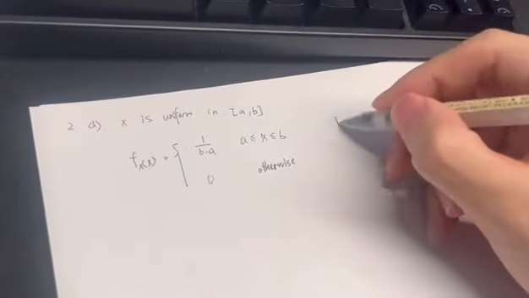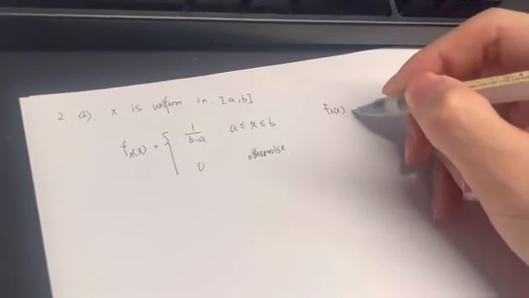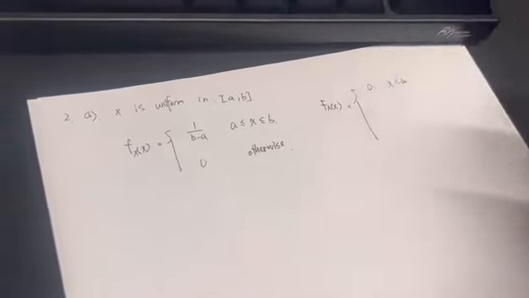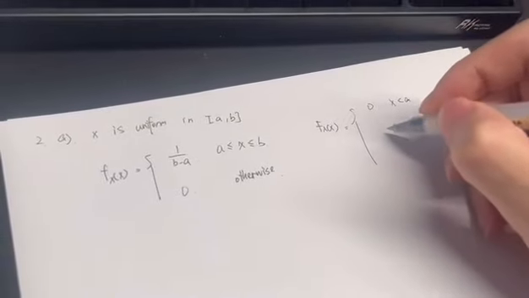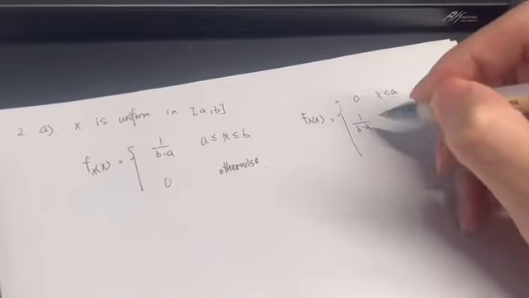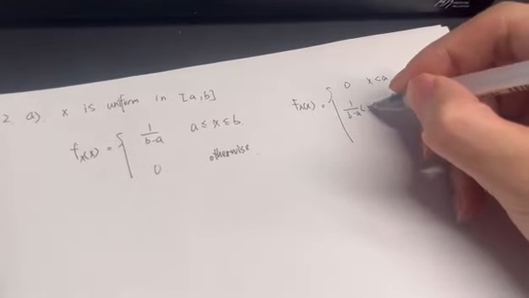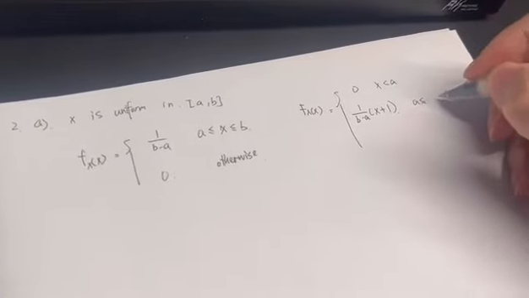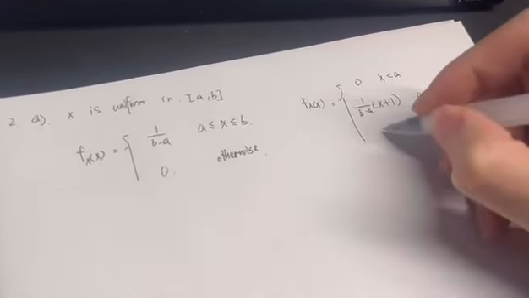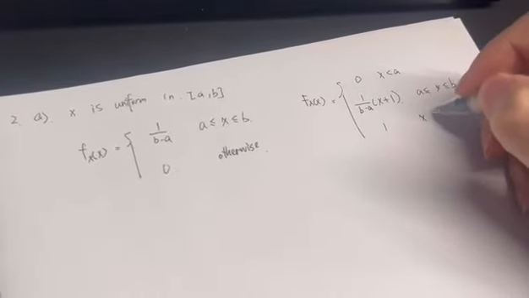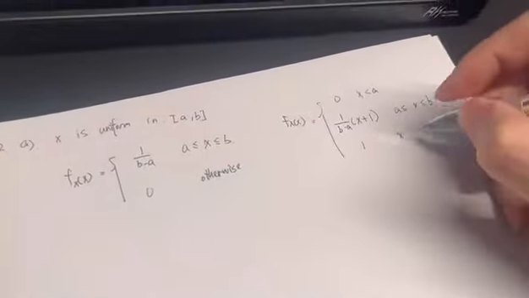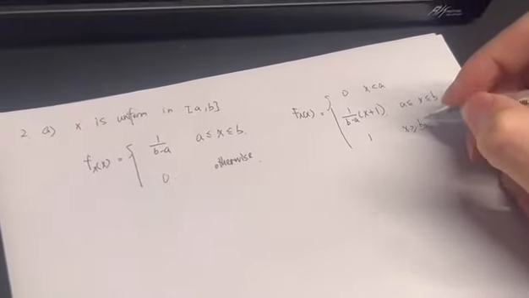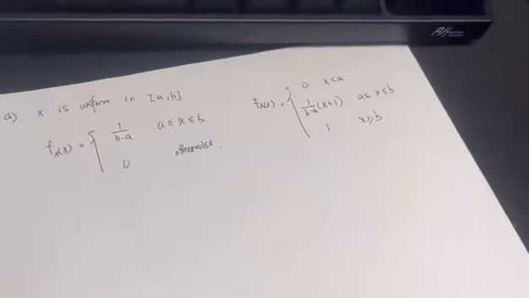And then the CDF of X, it starts from 0 in the beginning when X is less than A, not equal to A, and it keeps increasing in a range from A to B, and finally it reaches 1 since it's uniform in A to B. So yeah, it can be written as larger than or equal to, or just larger than. It's fine.